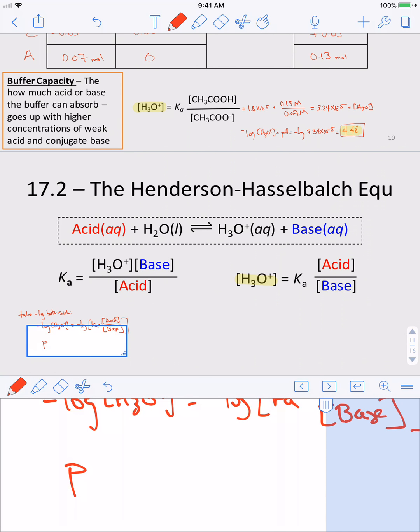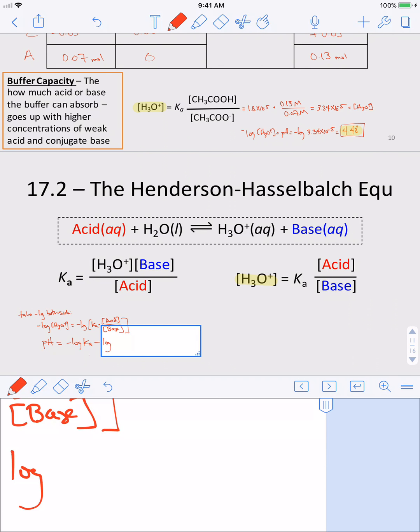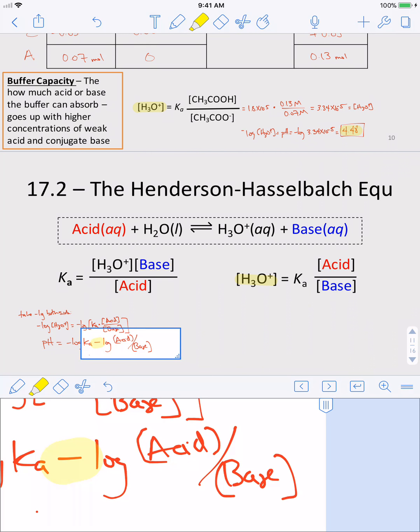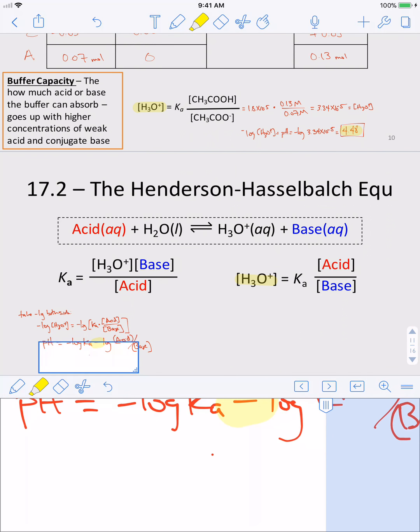So now we have pH equals negative log of the Ka minus log of acid over base. And we can use another log rule that says if you change the sign, okay, so we have a negative log here of acid over base, we can just invert it.